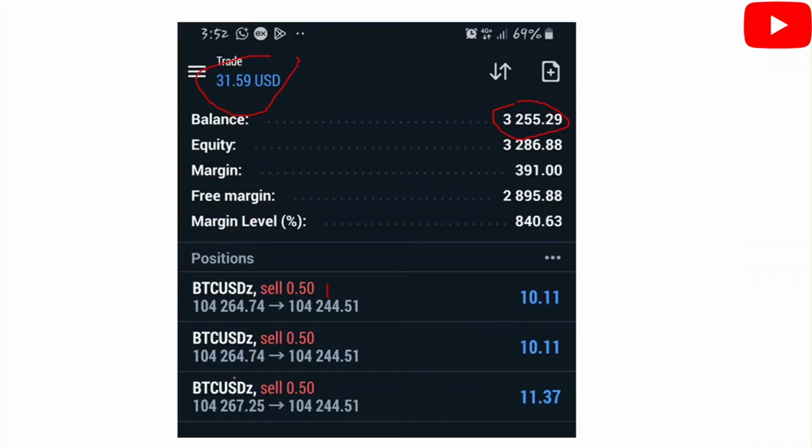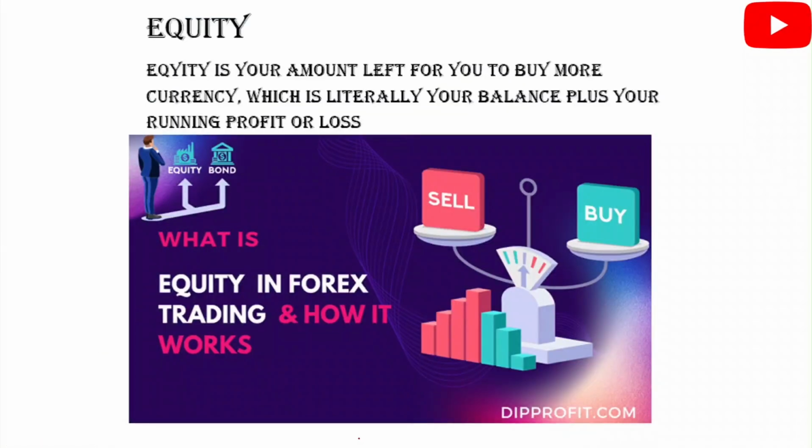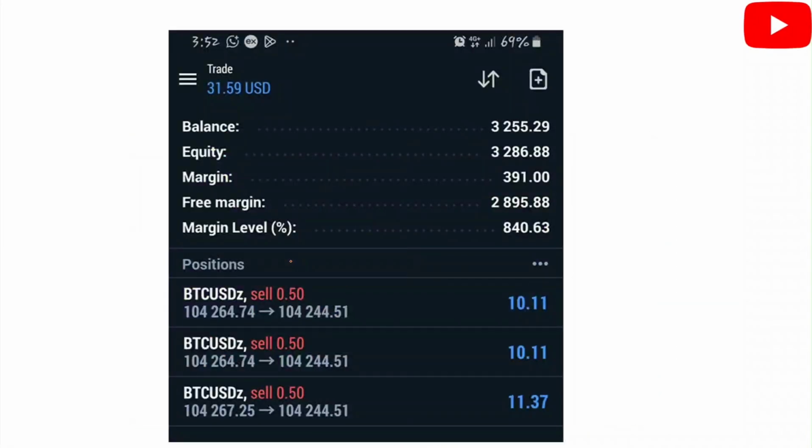That's what is reflecting in our equity. So that's about equity. It's also about the buying power that is left with our broker. It's your amount left to buy more positions in the forex market. And like I said, it's literally the balance plus your running profit that gives you your equity.